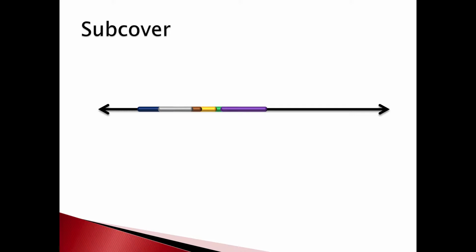Okay? What's left is still a cover of my original light blue set S, because you'll notice I don't see any light blue. All those multicolored sets, gold and yellow and purple and white, are all still covering up the original light blue one. So again, if you took the union of all those multicolored sets, they would contain the original set S, which is buried in there underneath it.